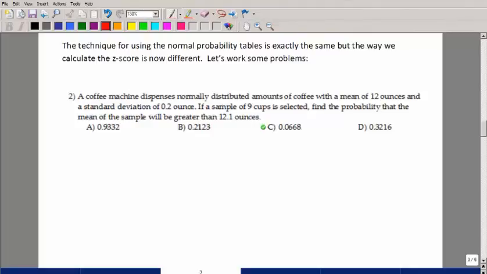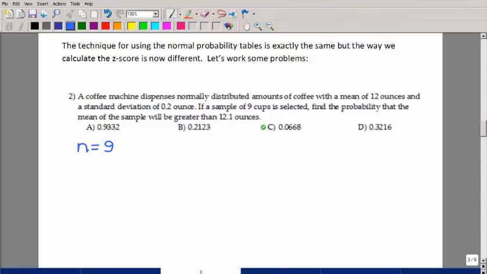All right, let's see. A coffee machine dispenses normally distributed amounts of coffee with a mean of 12 ounces and a standard deviation of 0.2. If a sample of 9 cups is selected, find the probability that the mean of the sample will be greater than 12.1 ounces. Now, you might notice that when you look at the n, you might be thinking, based on what was said earlier in this section, don't we have to have 30 or more to apply this technique?